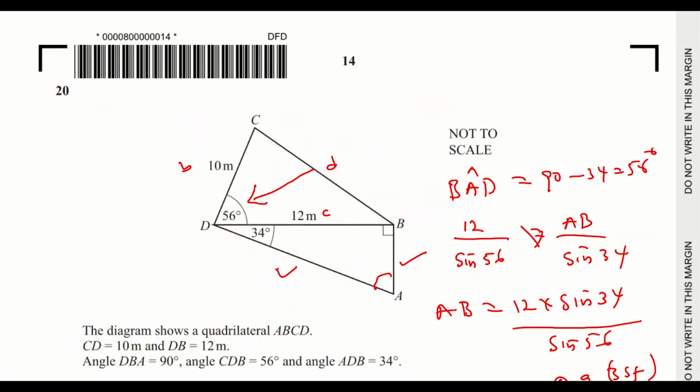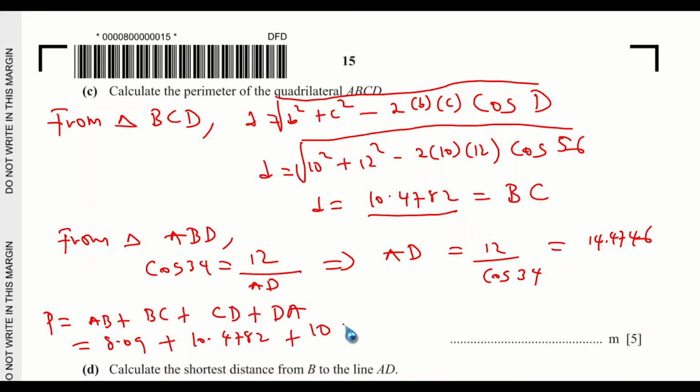Let me confirm that. Yes, CD is 10, good. Then plus DA, which is AD, which is 14.4746. So if you add these four numbers together, that would be 43.0, to three significant figures.